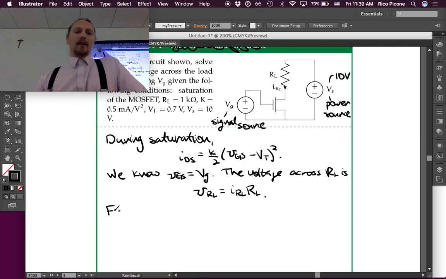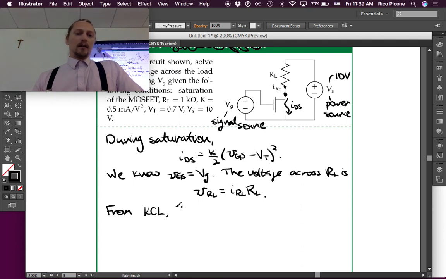KCL, yeah, exactly. From KCL, we can just look at this node right here, and say IRL, the current going into that node, has to equal IDS, which is the current flowing through the MOSFET.